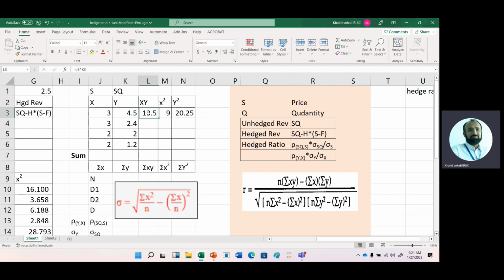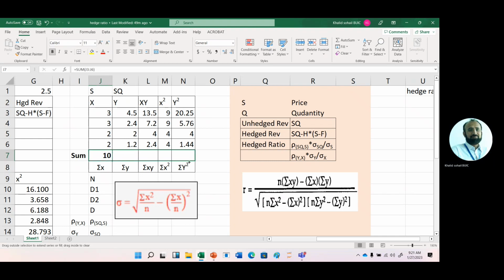Just copy it down. You will have to do all this calculation manually with the help of a calculator. And just sum all these five columns so that we can calculate the correlation coefficient manually.